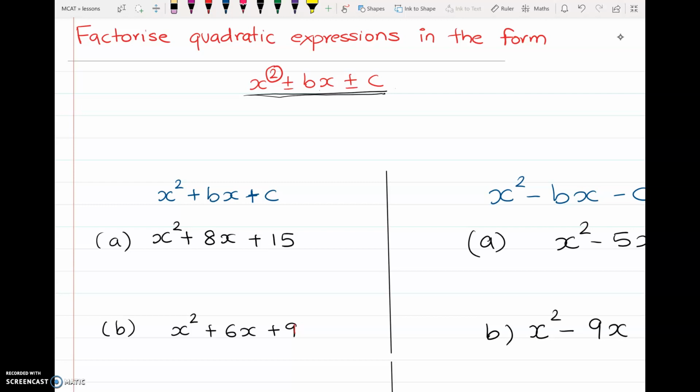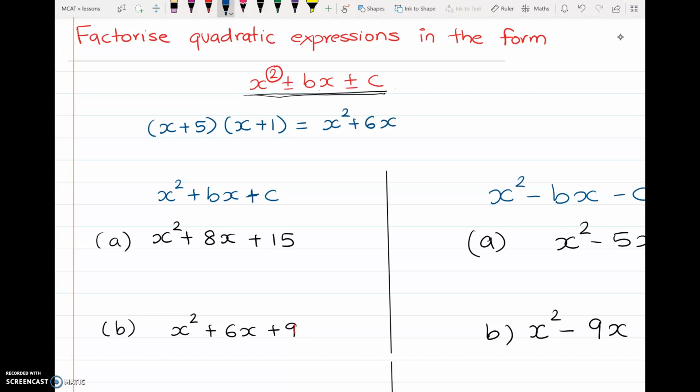Now, before we start factorizing, let's just review what we know about expanding. If you remember, in the last few lessons, we did expanding single brackets, then we did expanding double brackets, and we remember that when we expand double brackets, we get an expression something like this.